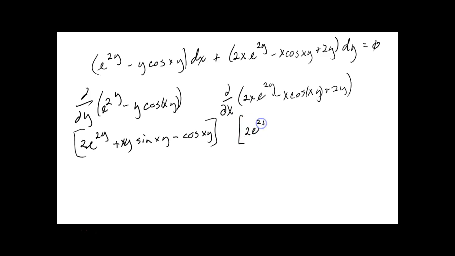2e to the 2y. Minus, with respect to x, so we gotta do product rule. So minus x sine, so we gotta change that to a plus.